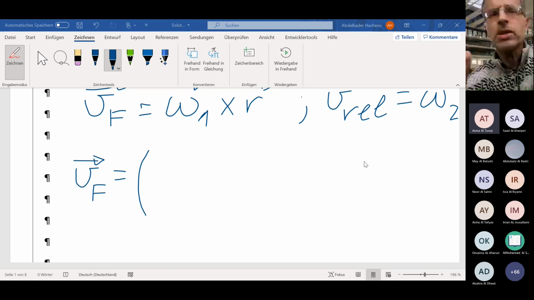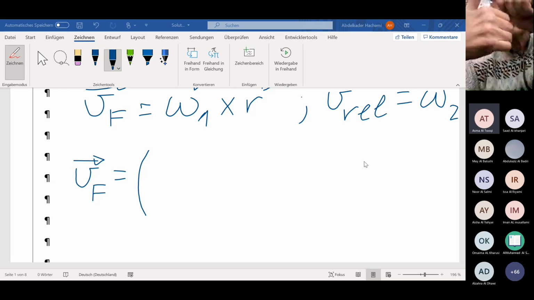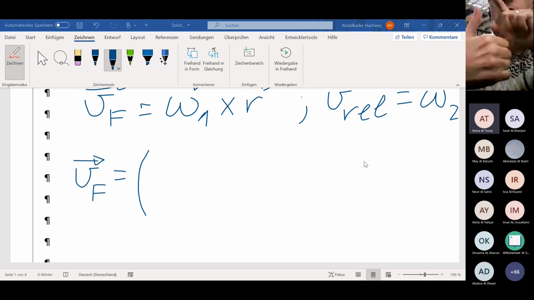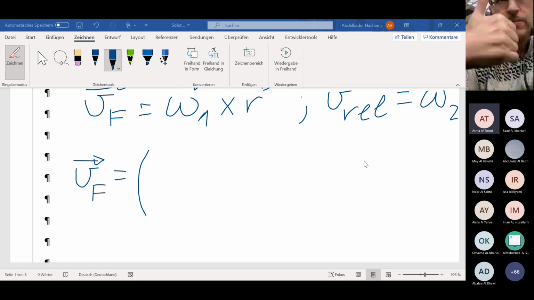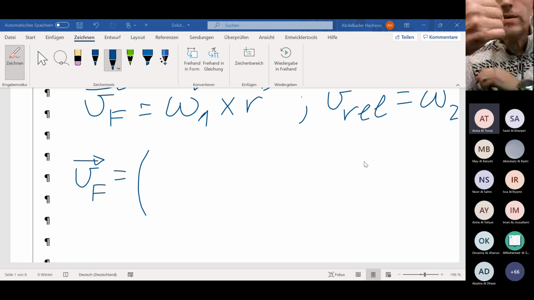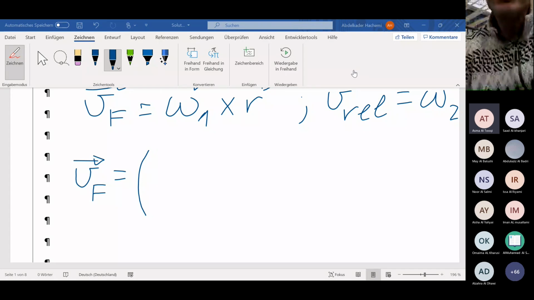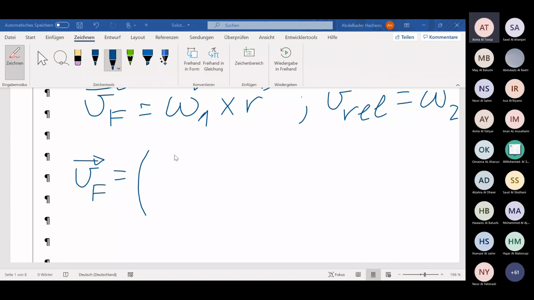Okay, I don't know if you see my hand. You take your finger, and it shows the direction of the vector. If you take omega 1 rotating like this, my finger shows the direction along y. And there is no x direction and z direction.